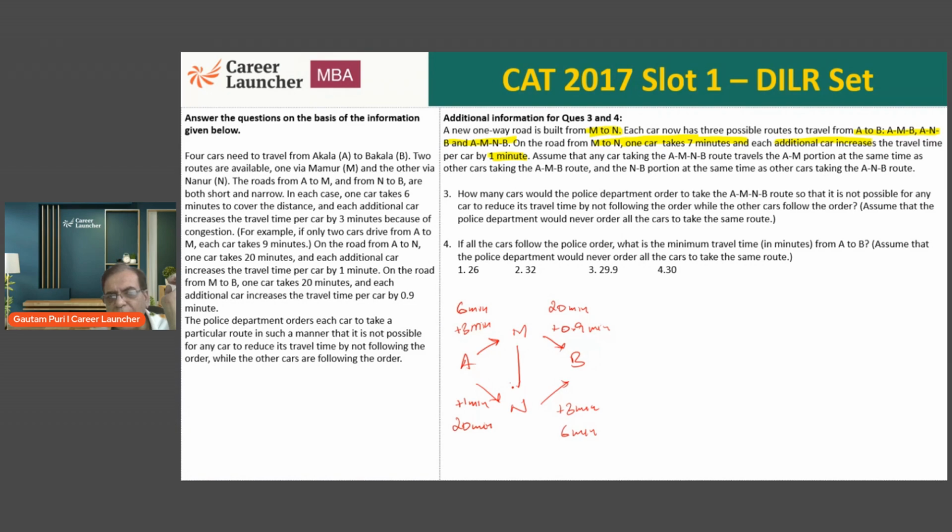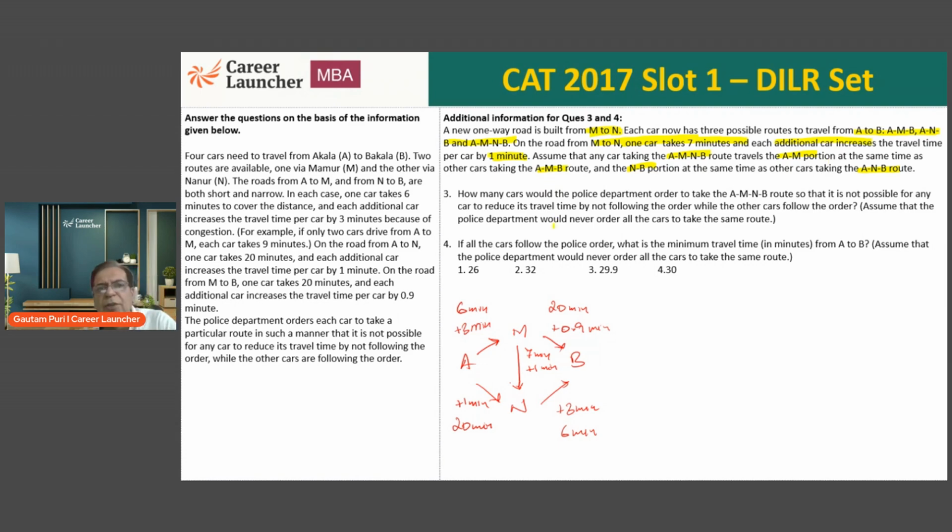So M to N, if we have, what does it mean? 7 minutes. And each additional car increases the travel time per car by 1 minute. Okay. Now, assume that any car taking the AM and B route travels the AM portion at the same time as other cars taking A and B route, and NB portion at the same time as cars taking A and B route.